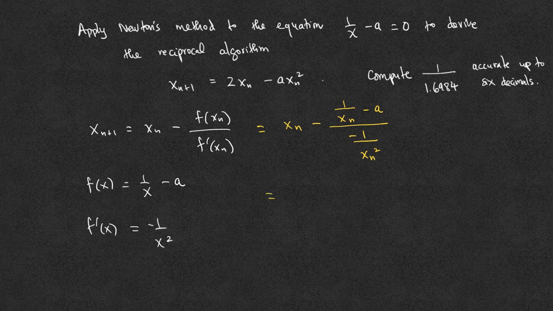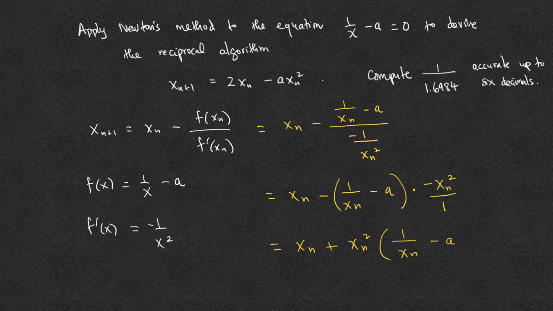We then simplify this expression: x sub n minus the numerator 1 over x sub n minus a, times the reciprocal of the denominator, negative x sub n squared over 1. A negative times a negative is a positive, so we end up with x sub n plus x sub n squared times 1 over x sub n minus a.